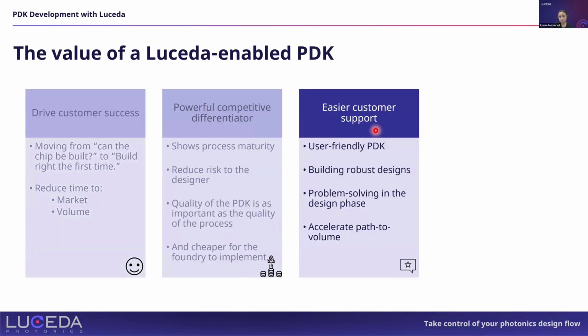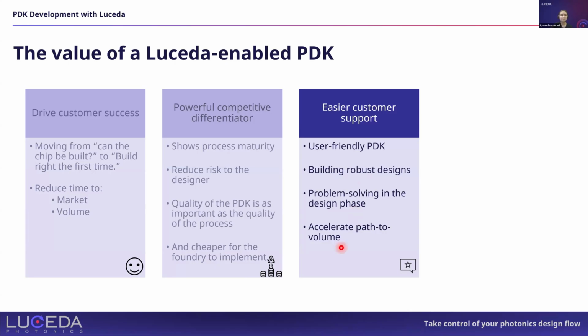By providing a good PDK, foundries can do customer support in a more efficient way because their PDKs are user-friendly. The designers with the PDK can build more robust designs, and if not, the foundries can spot the designs that are sensitive to fabrication, for example.